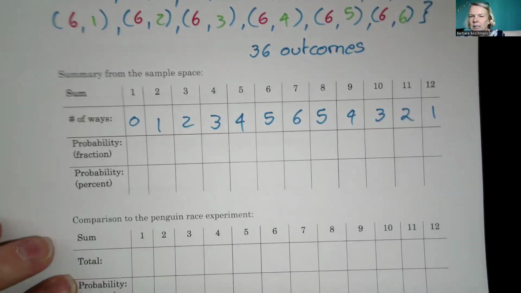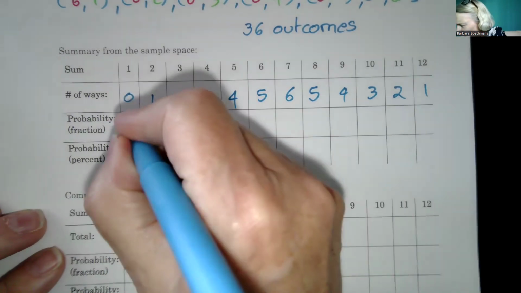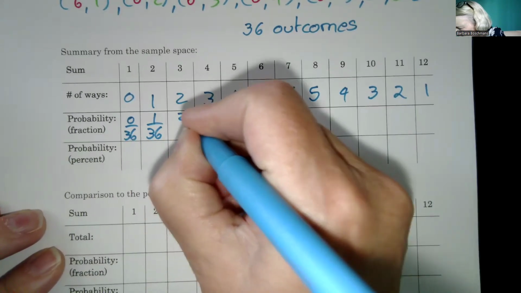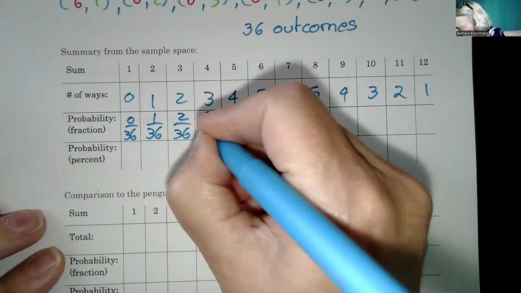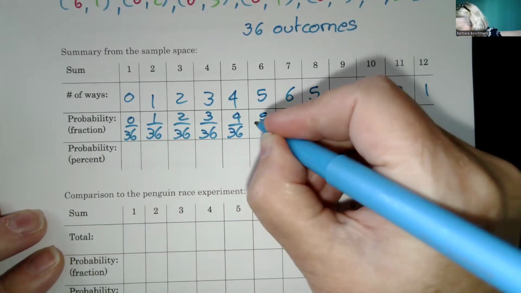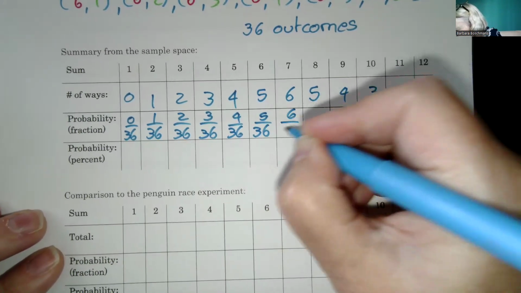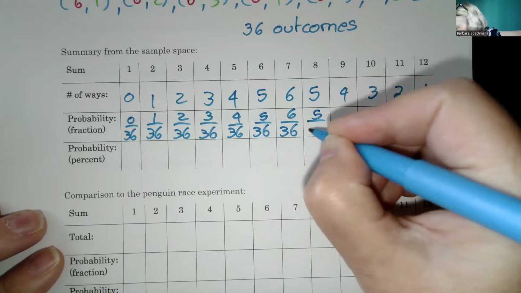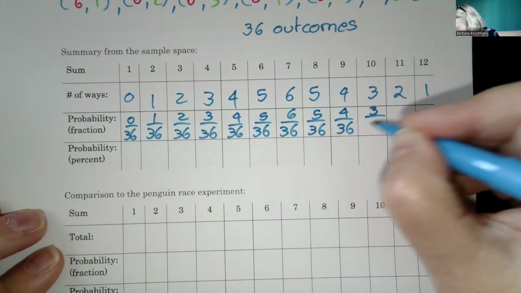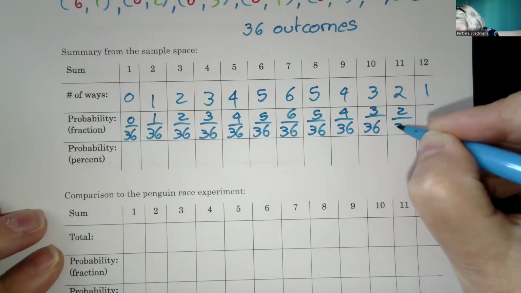That means rolling a sum of 1 would be 0 over 36. 1 over 36. 2 over 36. And all the way down to the end. When you add all these fractions, I'm not simplifying them because when we add them, we should get 36 over 36.